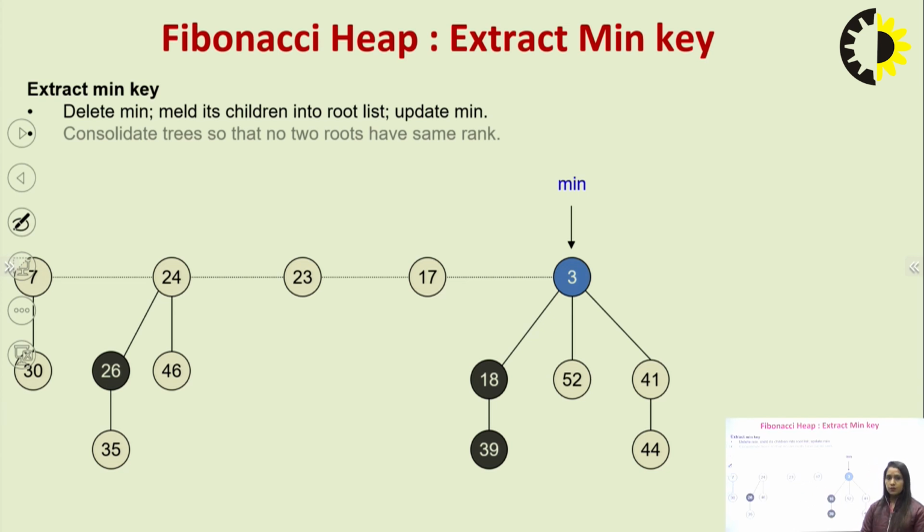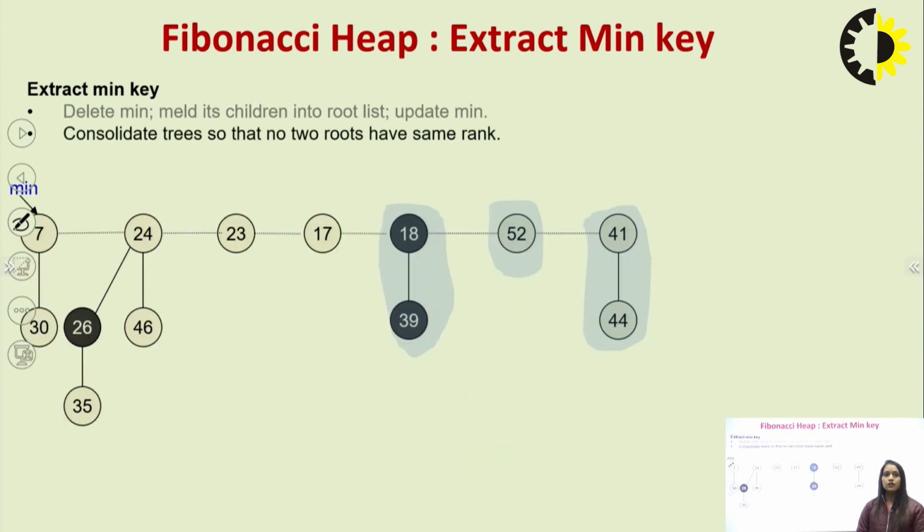So how do we perform this? Delete minimum. I need to delete 3 from here and meld its children into the root list. Now its children are these. I just need to meld these children to the root list and update the minimum accordingly. See, I performed it here.